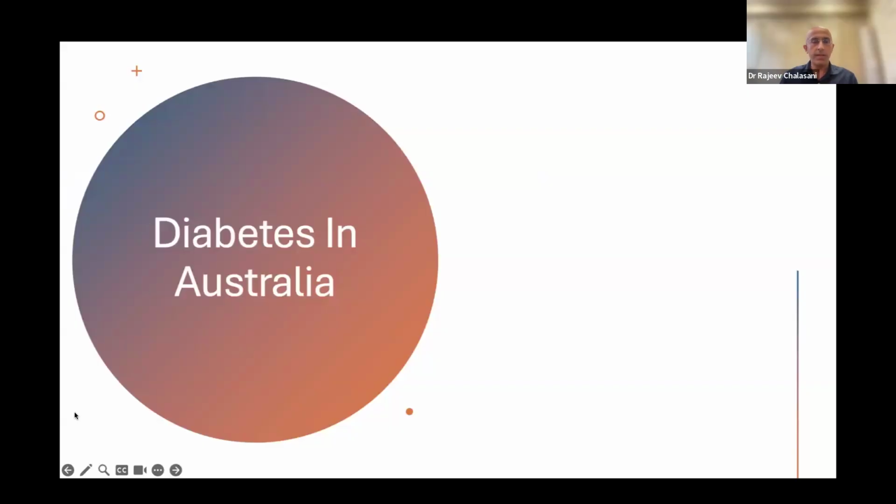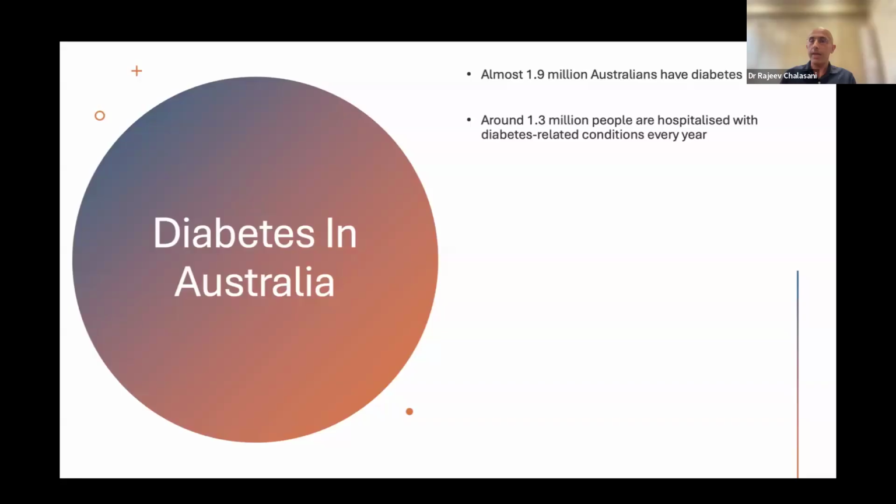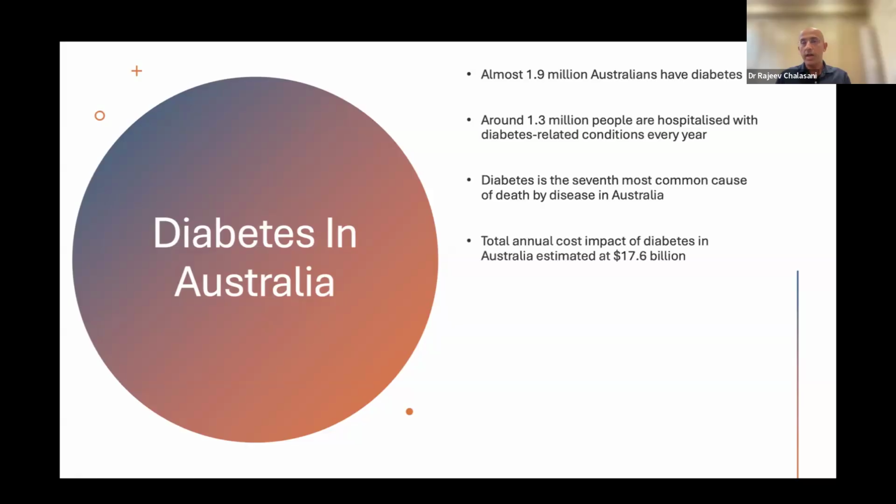So as we all know, diabetes in Australia affects many people. Almost 2 million people have diabetes. Almost a quarter of those are undiagnosed. And it presents a significant health burden. Almost 1.3 million people are hospitalized every year. It's the seventh most common cause of death, and has a significant economic impact and cost as well.